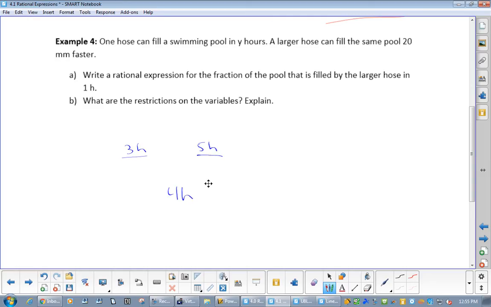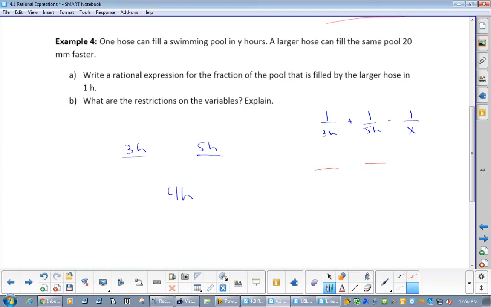Okay? So this is the way you do it. You can just watch this because we'll do it differently. If one hose can do it in 3 hours, plus one hose can do it in 5 hours, we want to know how long it would take if both of them are together as one hose. There are different ways you can do it, but we can do it with a common denominator.